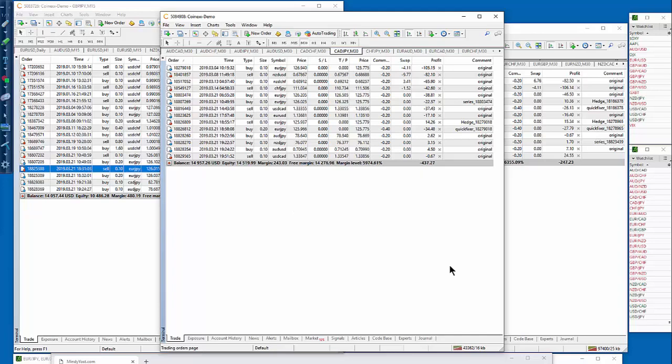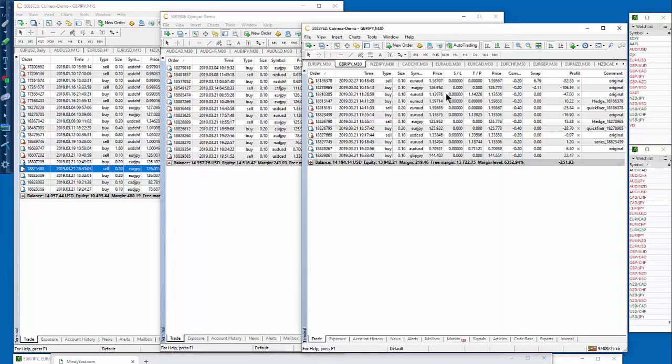Okay, so this third account over here, this is the one that I started trading about the 1st of February, and it's trading all 28 pairs from the list.